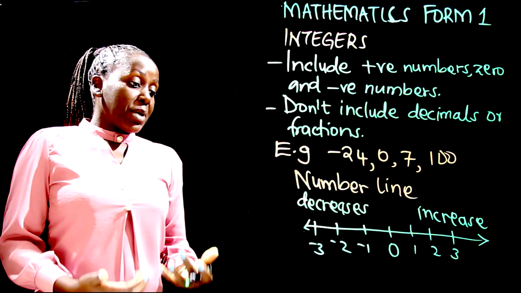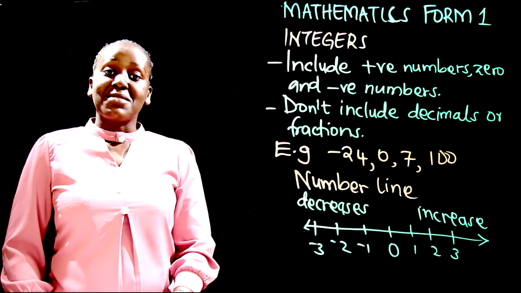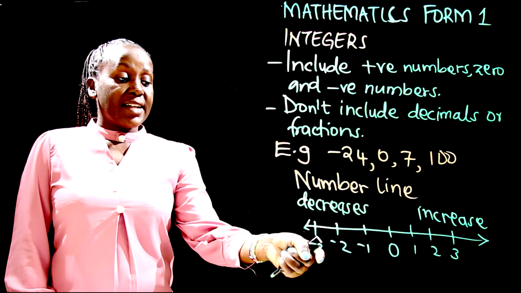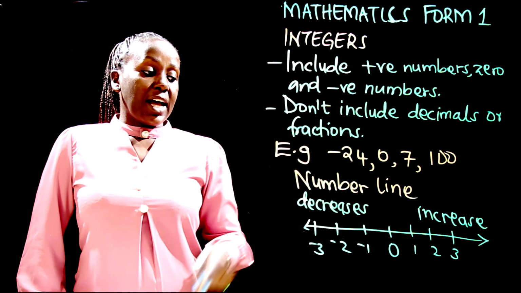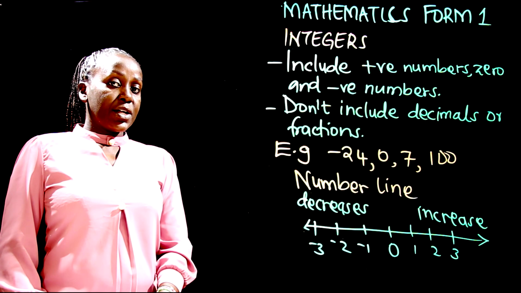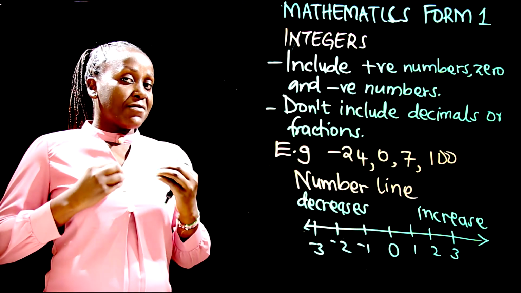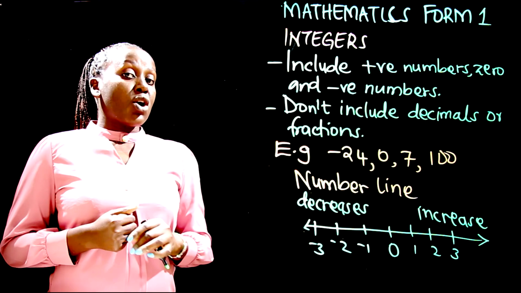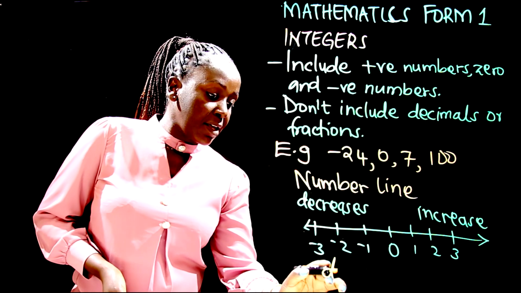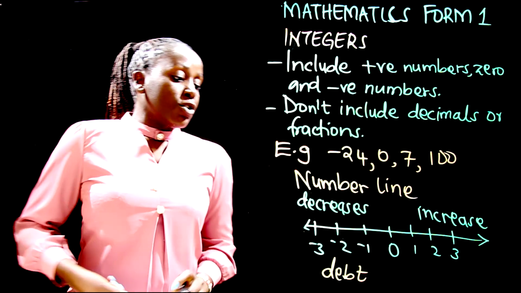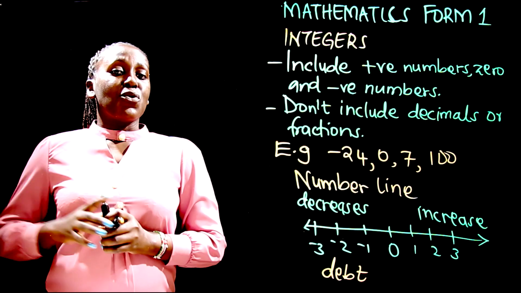So when you compare negative 3 and negative 1, which one is bigger? It's negative 1, okay? Negative 1 is bigger than negative 3. Now, when you want to understand negative numbers, I like to use the concept of debt, okay? Debt. So when we have negative 1, it is money that you owe someone.